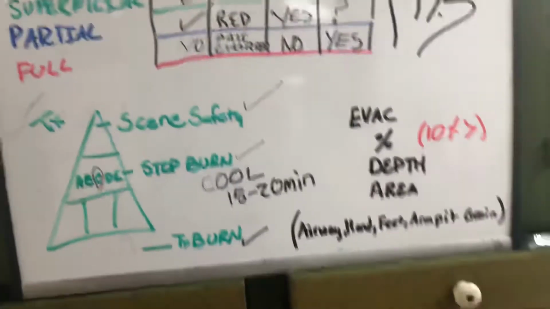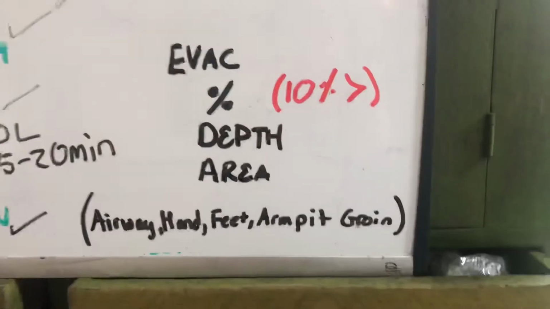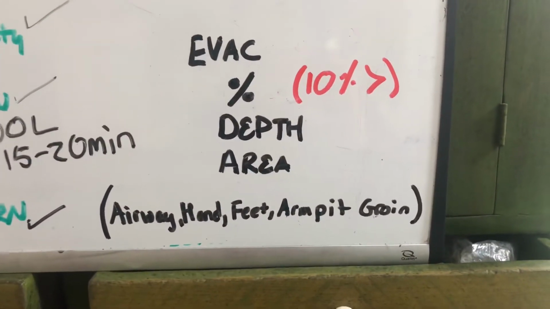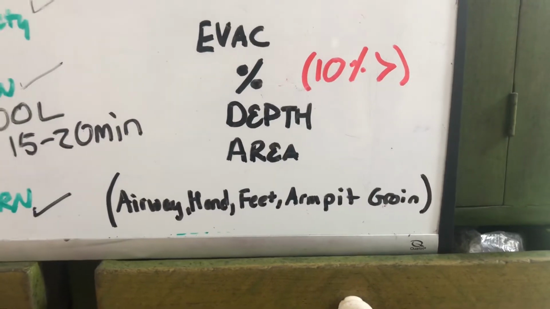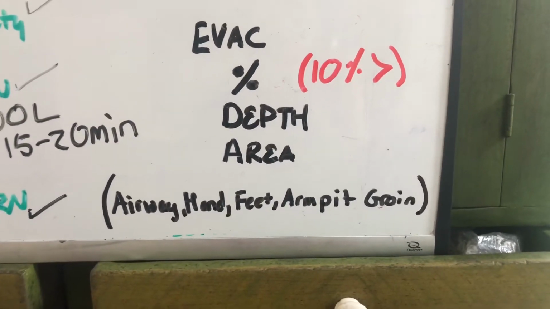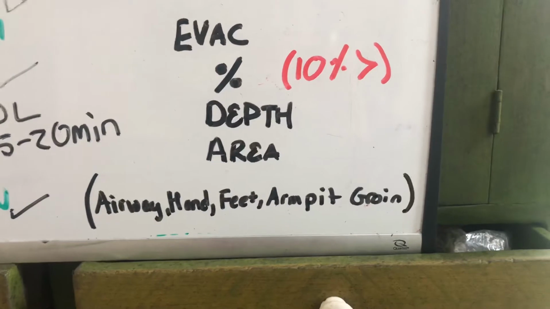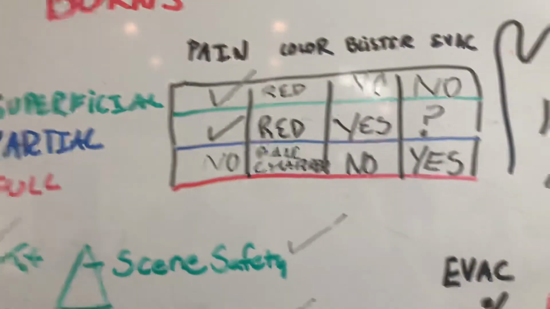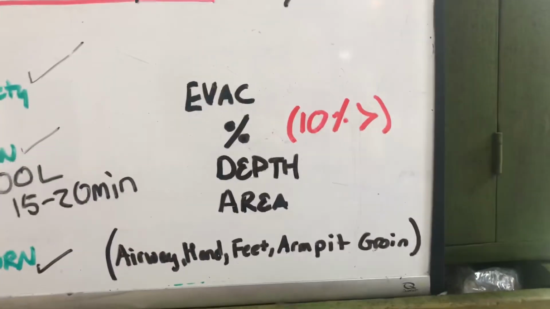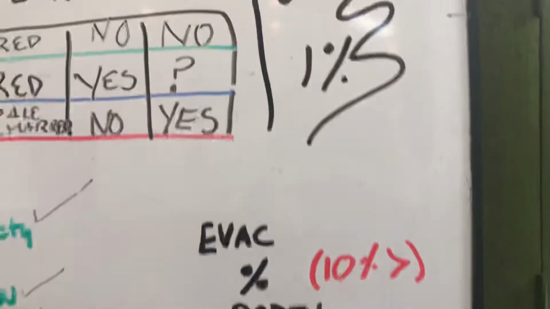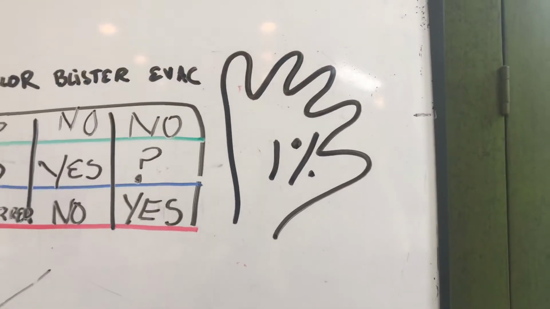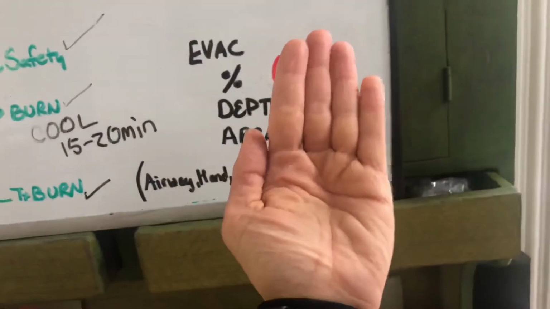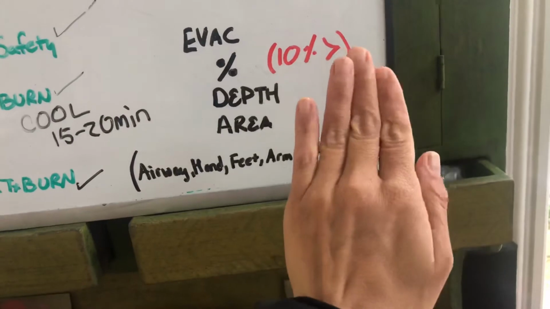When we think about evacuation, we think about three criteria. How much of the body, what percentage is damaged, what is the depth, and what is the area. And when we say area, we mean this. So we want to use what's called the rule of palms. Okay, when you take your hand, including the palm, this is 1% of your body.